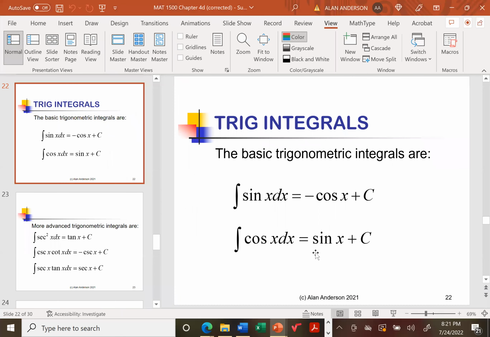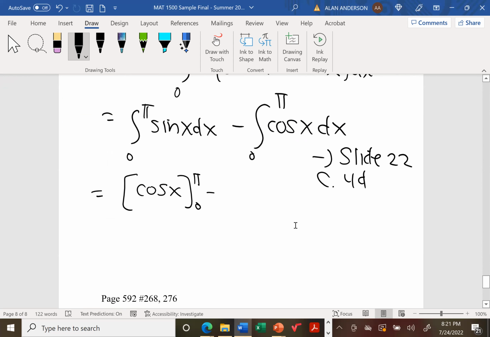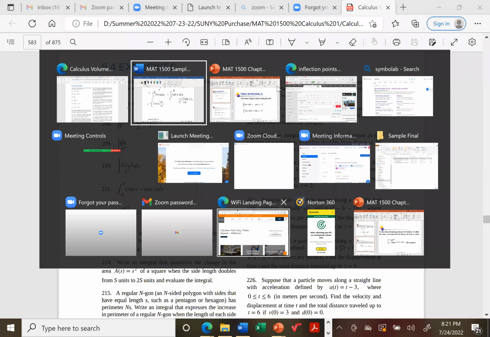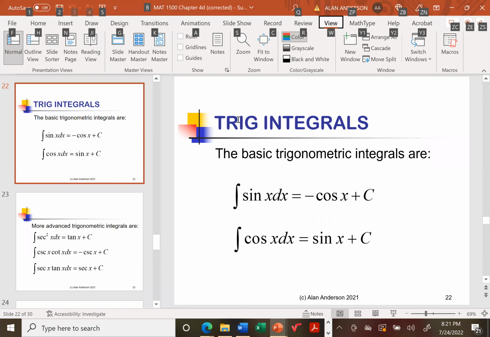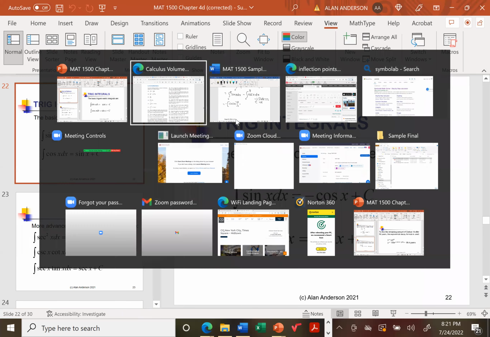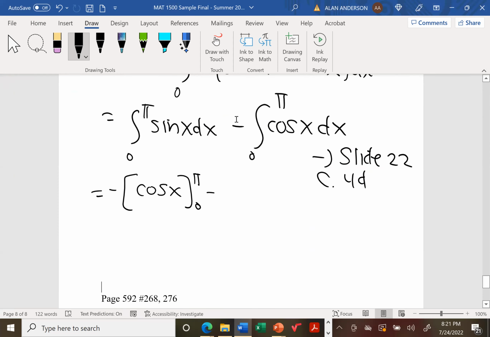Let's go prove that. Negative, oh wait, oh sorry, I missed it. I got the wrong one. Sine x is negative. All right, my fault. This should have been negative. That's right. I got them backwards, sorry. The integral of sine x is negative cosine x. And the integral of cosine is positive sine x. Yes, now we're all set. All right, now we're good.